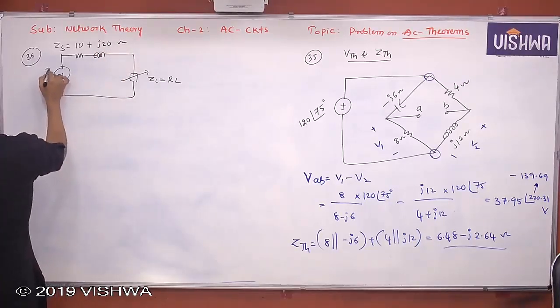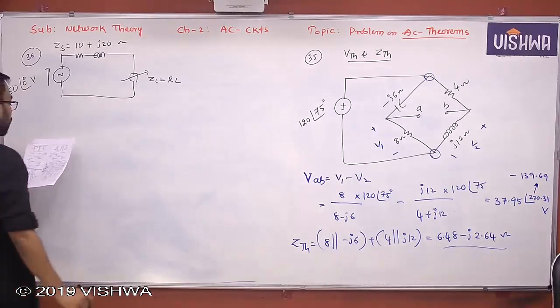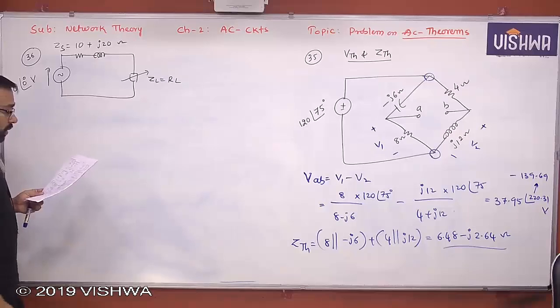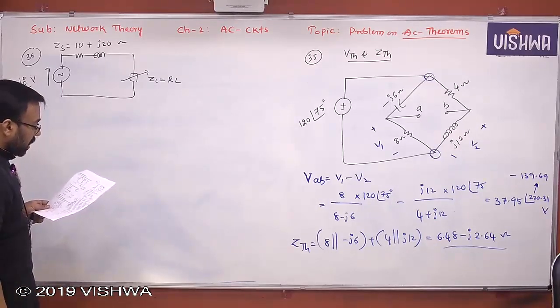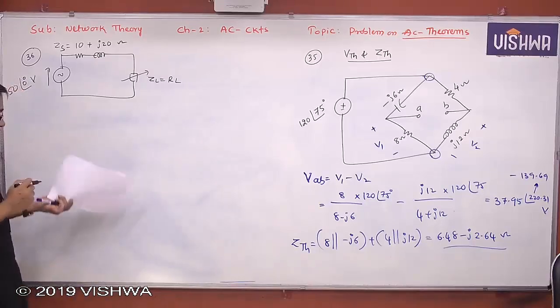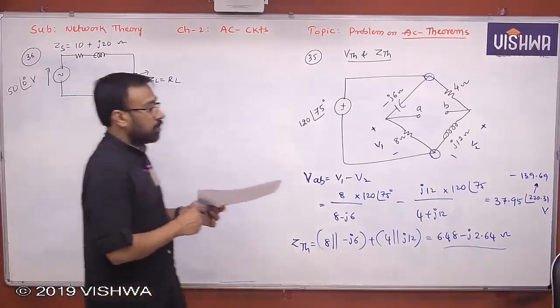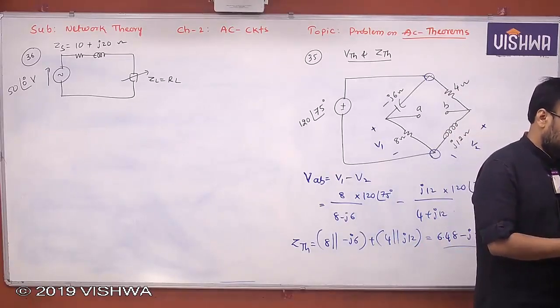The source is given as 50 at an angle of 0 volts. Find RL for which the source delivers maximum power to it, and also find the maximum power value. This is the question. Very simple question. This kind of problem is asked many times in the KIT exam.